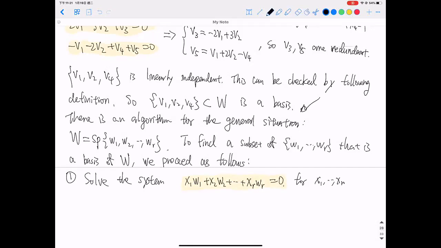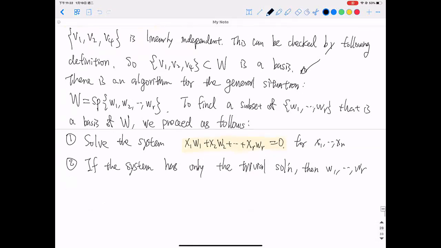And then you run into two possibilities. If the system has only the trivial solution, then w1 through wr are linearly independent, hence form a basis.